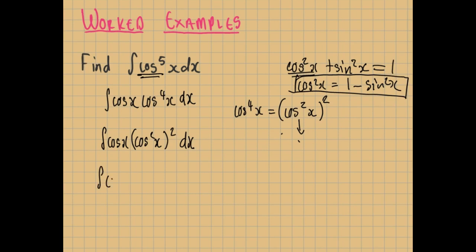And that means it's the integral of cos x multiplying cos squared x, which is 1 minus sine squared. So it's 1 minus sine squared x squared again. And this is with respect to x. Therefore, so what are we going to do?